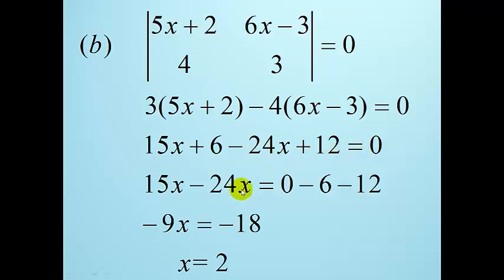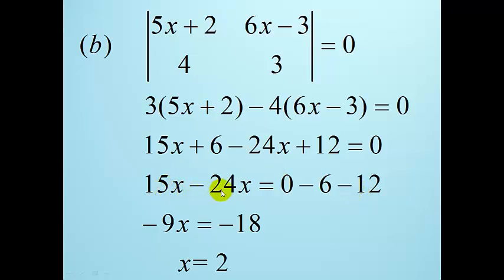Now we group the x on the left hand side and the constants on the right hand side. So we have 15x minus 24x is equal to 0 on the right hand side, plus 6 on the left becomes minus 6, and plus 12 on the left becomes minus 12.